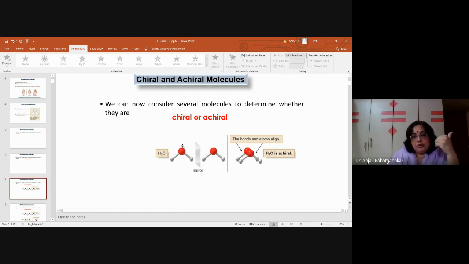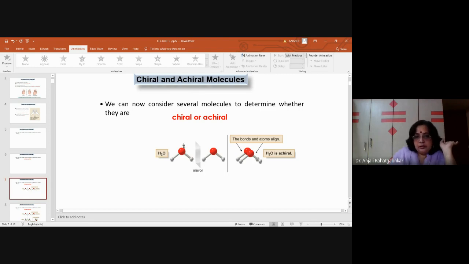That is the axis of symmetry, plane of symmetry, center of symmetry, and the improper axis of symmetry. These are the four important factors. If any one is present in the molecule, that molecule is supposed to be achiral. So this is the only criteria, and that's why you have to apply the symmetry elements to each and every molecule to decide whether that molecule is chiral or not.